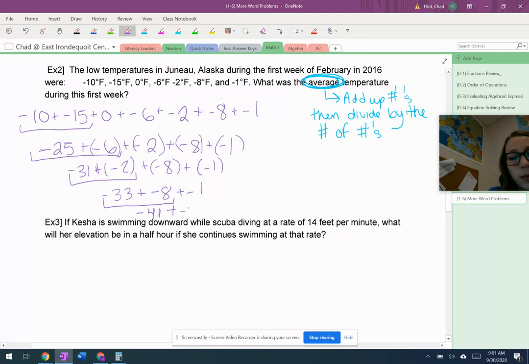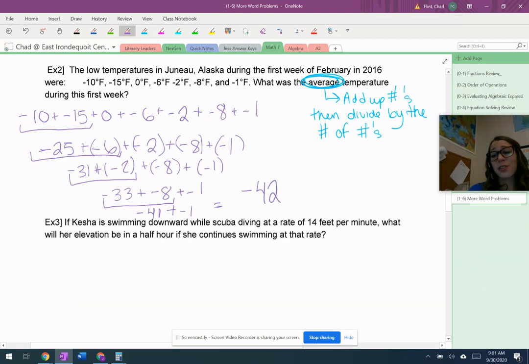And plus one more negative is good old -42. And again, you did not need to do that by hand like I did unless you really want to test your math skills like that. If not, you're more than welcome to plug those into the calculator.